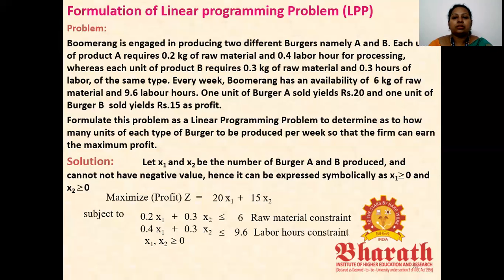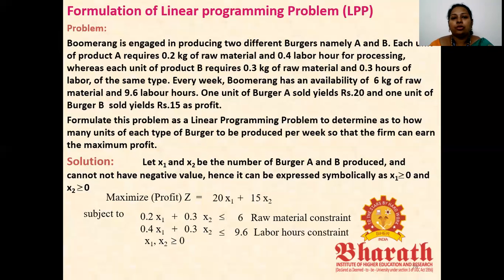Therefore, we can form a constraint like this: 0.2x1, that is 0.2 kg of raw material for burger A, plus 0.3x2 for burger B. The total availability is 6 kg, therefore less than or equal to 6. This constraint is the raw material constraint.